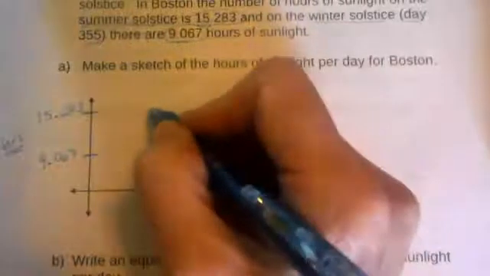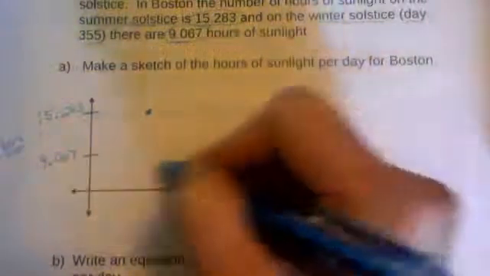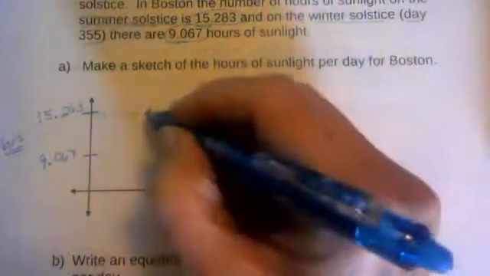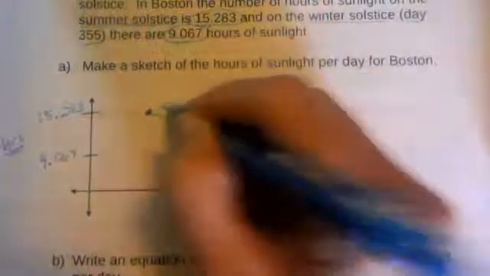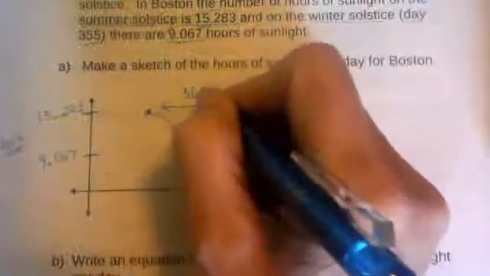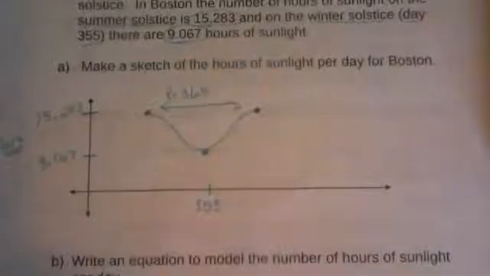So I know that somewhere back over here, there's going to be a long day, and that same distance out on this side, there's going to be a long day again. And I know the difference between the longest days, or I could have gone from low day to low day, is 365 days. So our period is going to be 365.